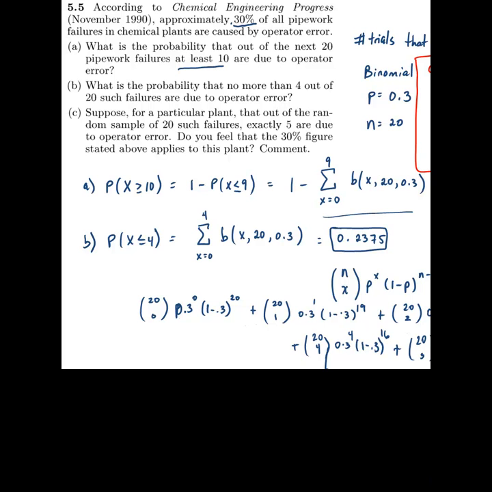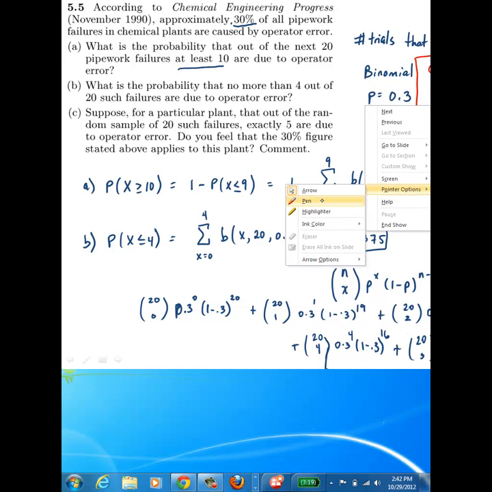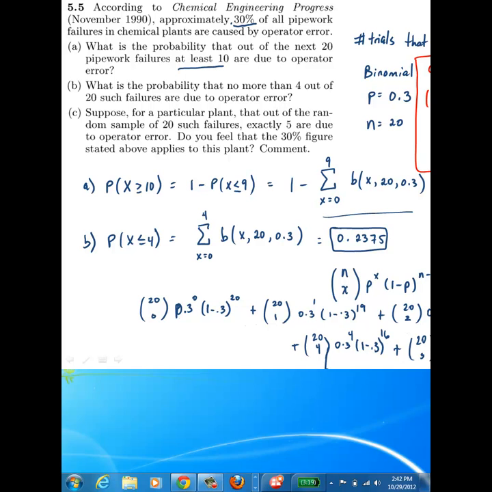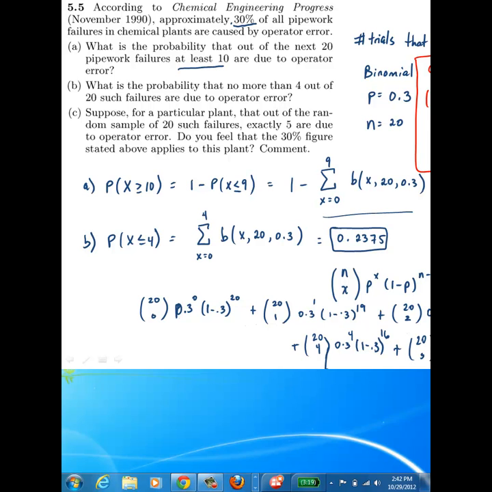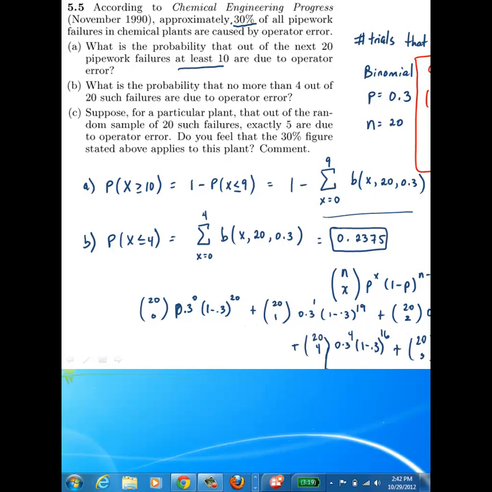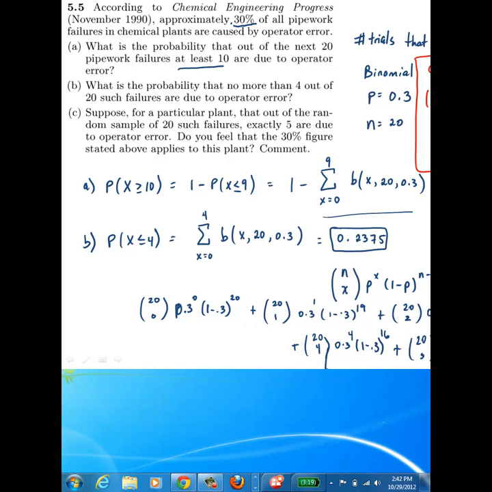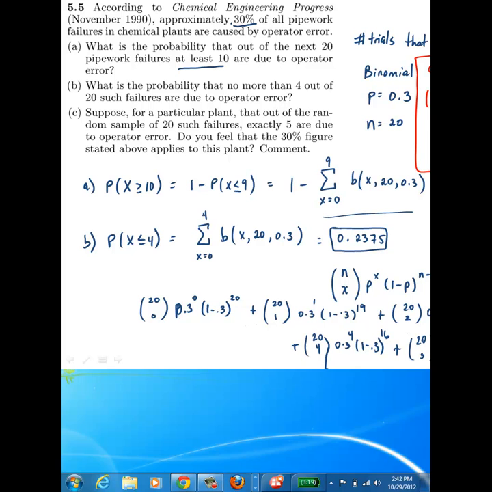So the first way you can solve this is the following. You can just say 20 choose 5, times 0.3 to the 5, times 1 minus 0.3 to the 15, and that will give you 0.1789. Or you can use the table.